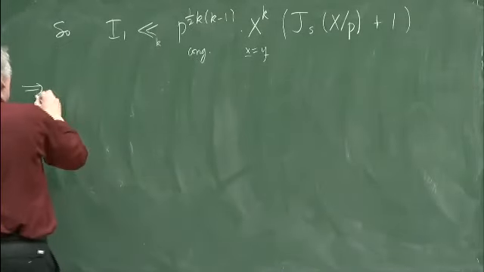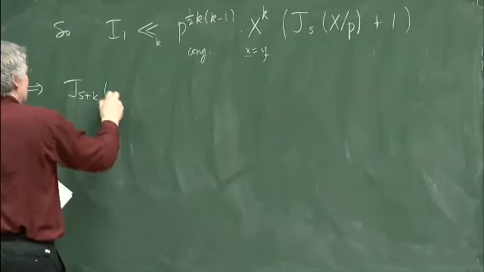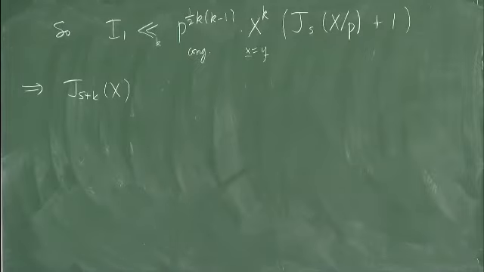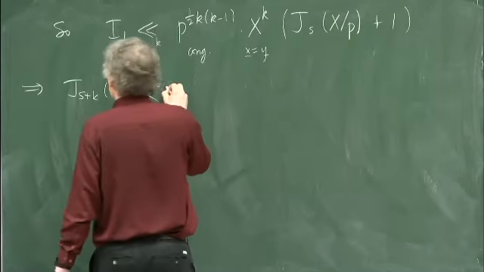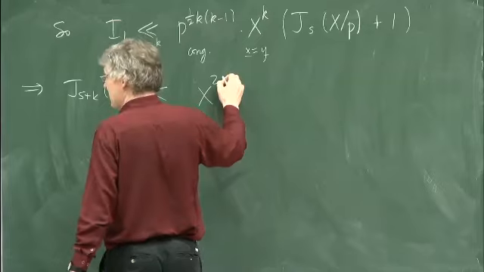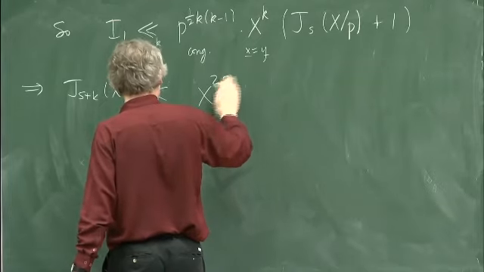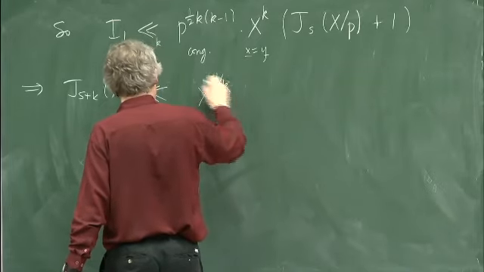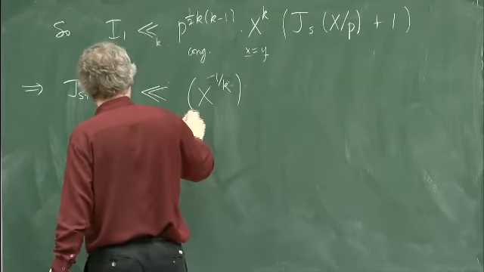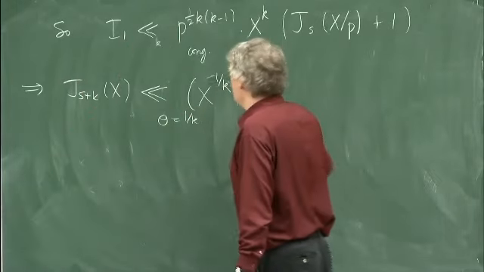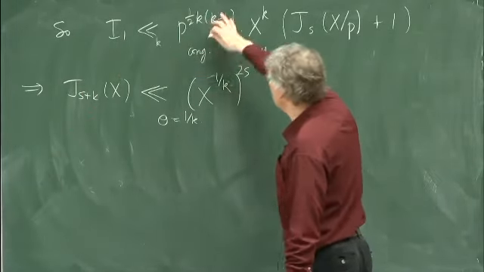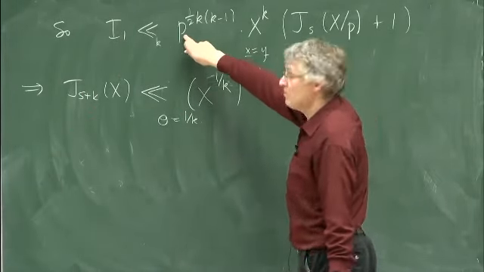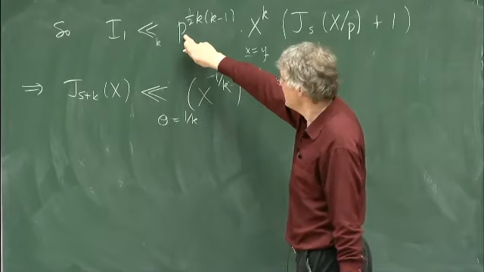So I bounded I1 in terms of Js at a shortened range. And if I insert that information back into my earlier estimate for J s plus k, now I've got this 2s theta here, which maybe I should write as x to the 1 over k, because theta was, remember, chosen to be 1 over k, to the 2s, times all of this stuff. So p, again, is x to the theta in size.